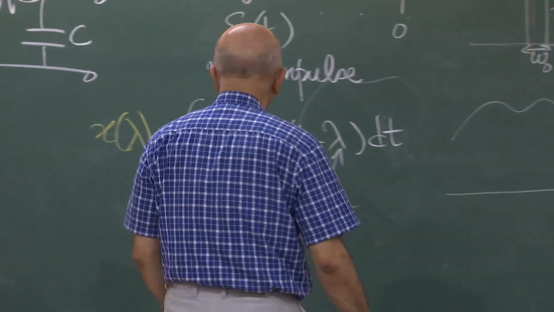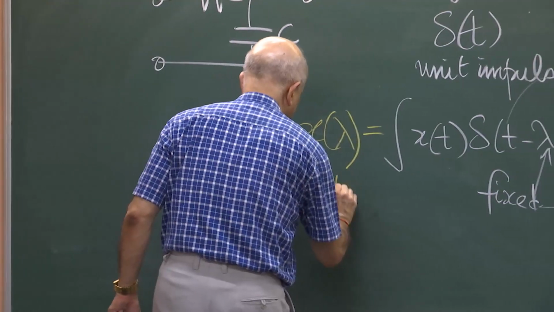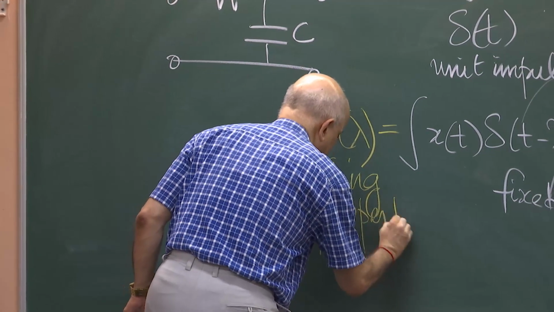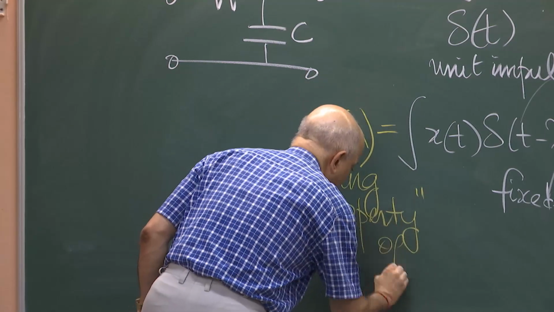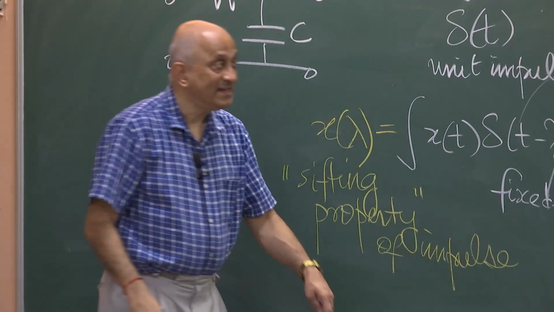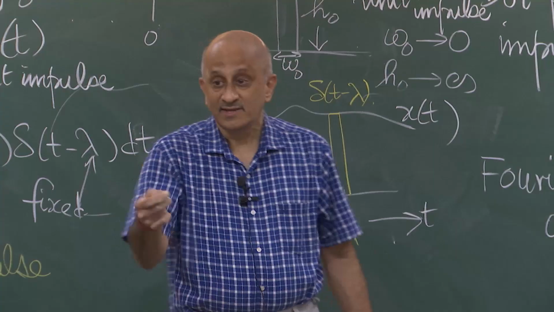Now, this is called the sifting property of the impulse. What is the meaning of sifting? Sifting means chhanna.